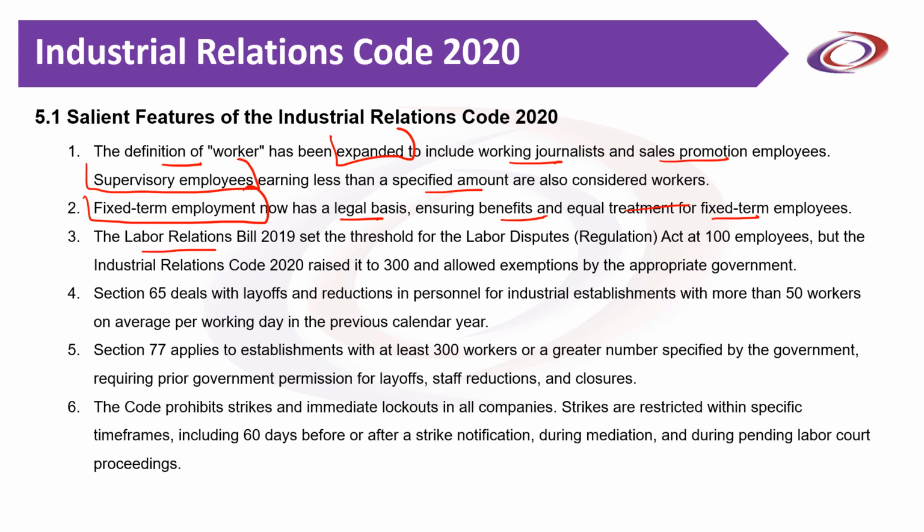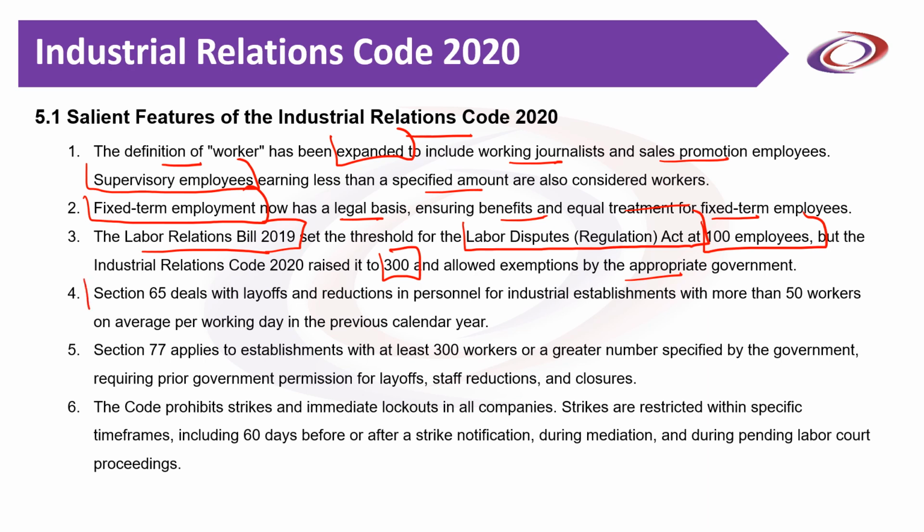The Industrial Relations Bill 2019 had set the threshold for the Industrial Disputes Act at 100 employees. But now the Industrial Relations Code of 2020 has raised this threshold to 300 and also allows exemptions by the appropriate government.